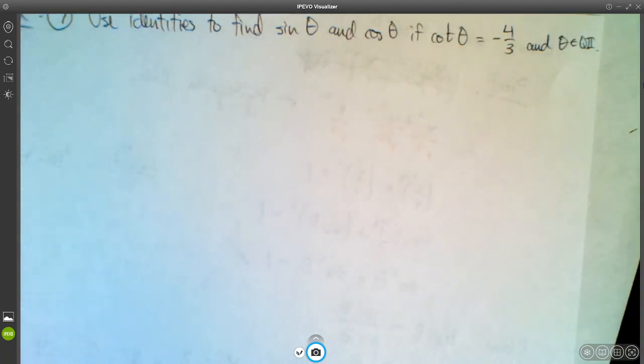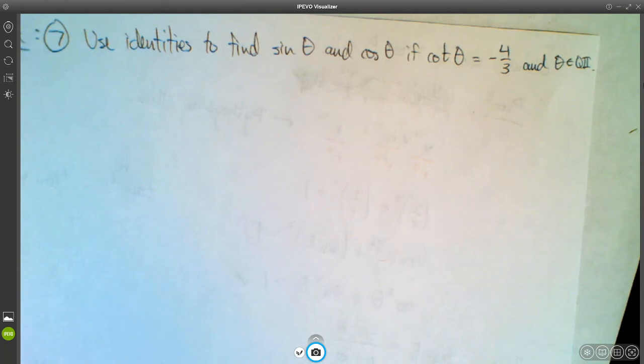Okay, so let's see if we can do this. Use identities to find sine theta and cosine theta if cotangent theta is negative 4/3 and theta is in quadrant 2.